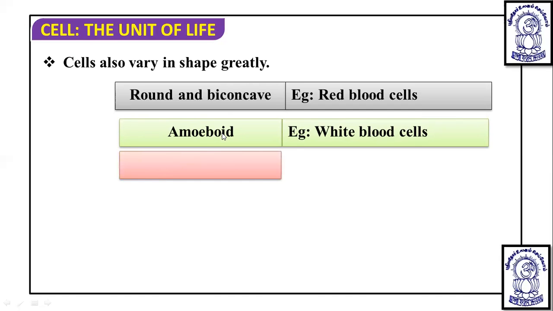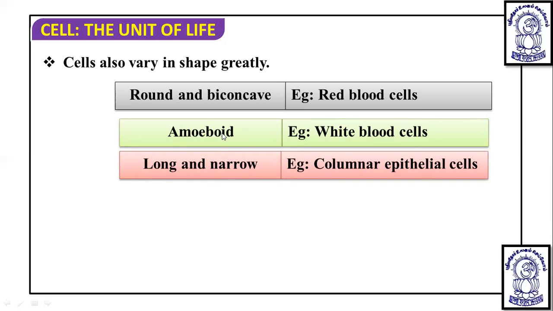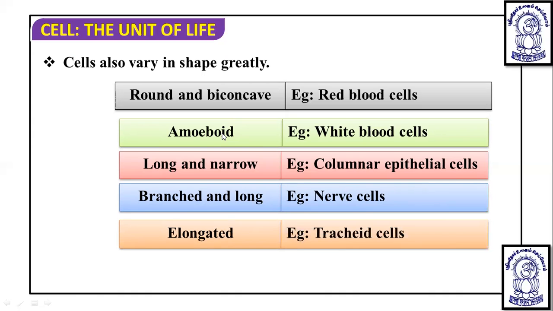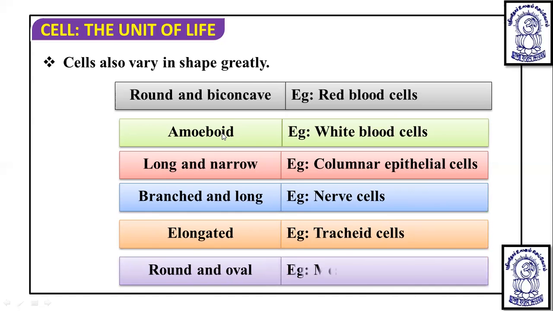Columnar epithelial cells are long and narrow. Branched and long cells are nerve cells, the longest cells. Tracheids in plants are elongated. And mesophyll cells are round and oval. So you should remember the shapes of these particular cells.